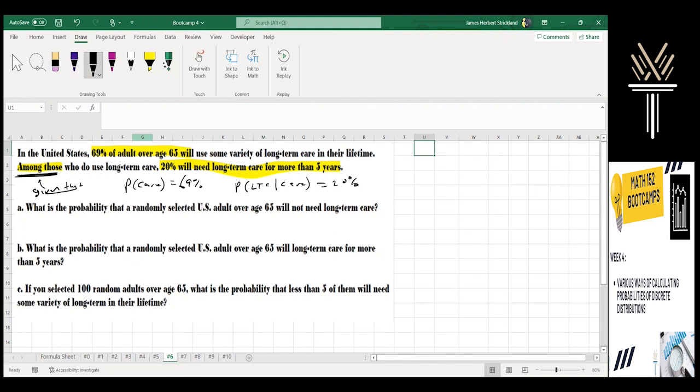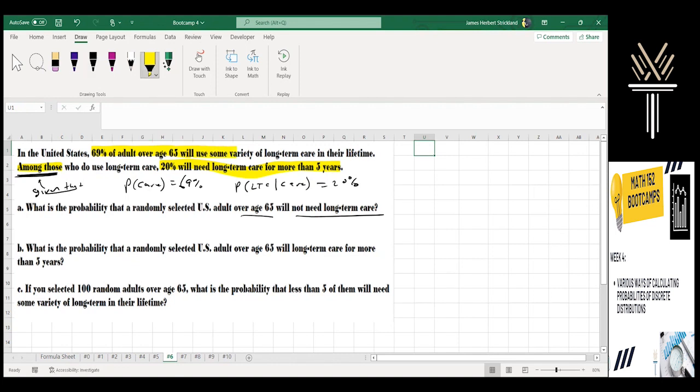Okay. So now it says, what's the probability that someone over 65 will not need long-term care? Let's think about what they're saying now. We're talking about the overall population of adults, right?